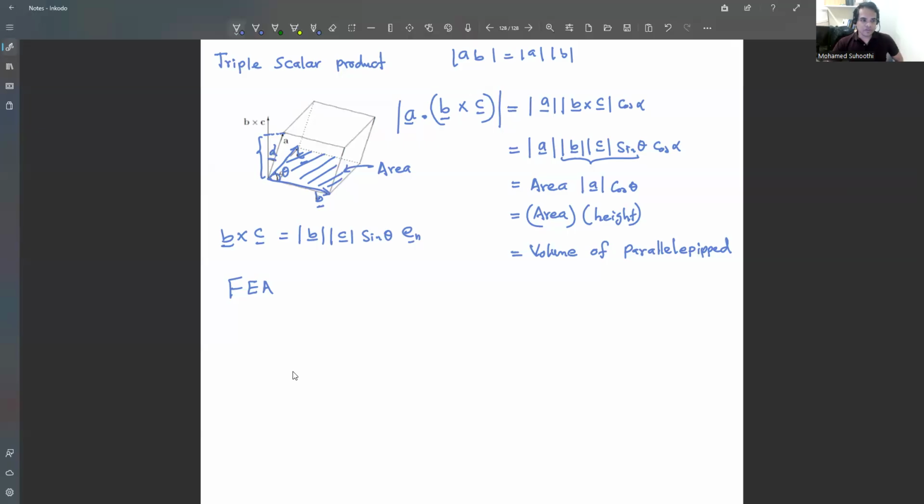Again, because this is giving the volume, even if we change the order of A, B, C, because it gives volume, it will be the same, right? That is what I mean.